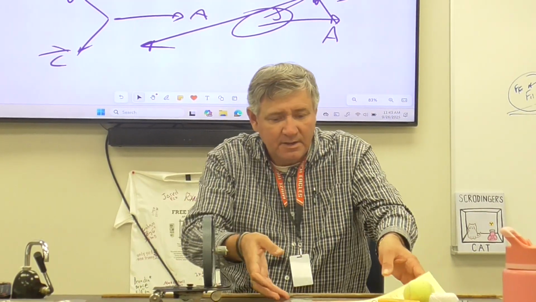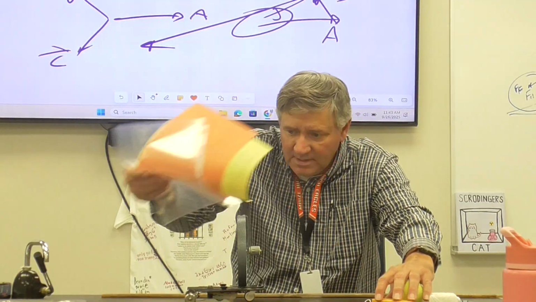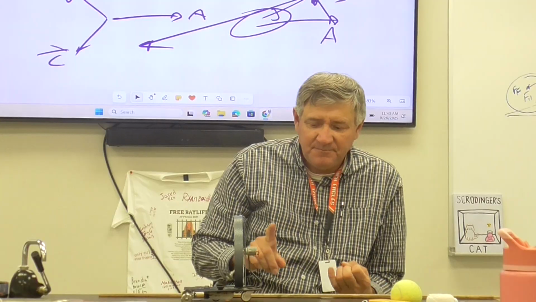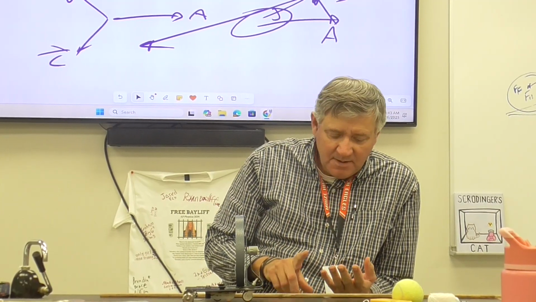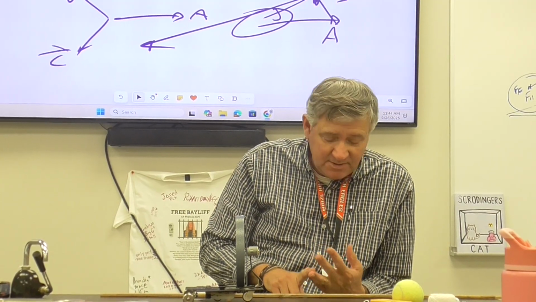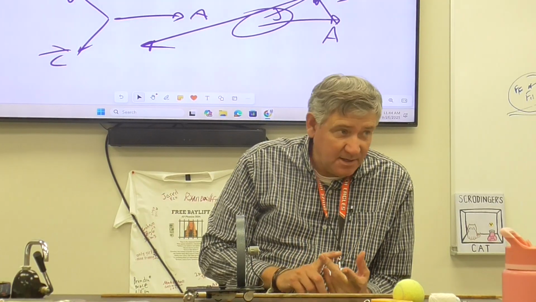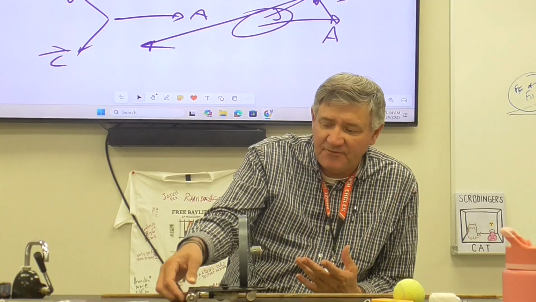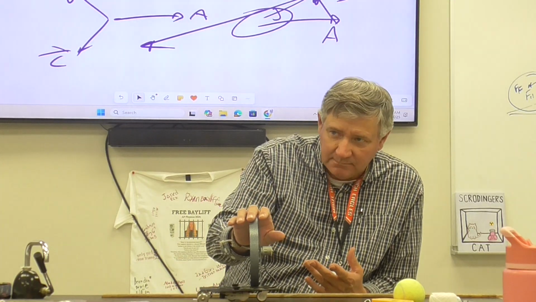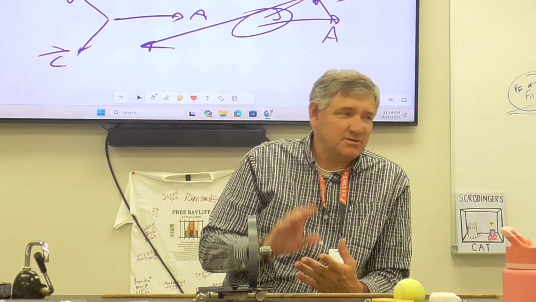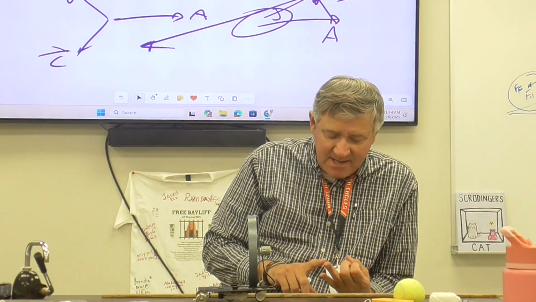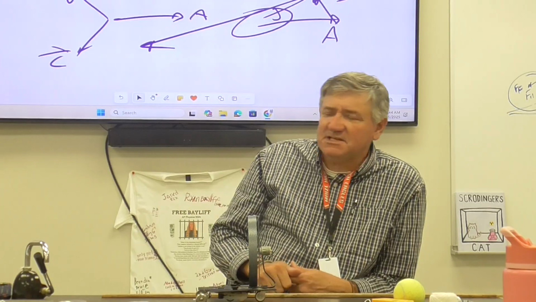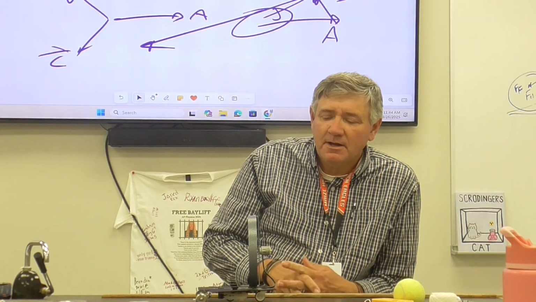I want to determine three things: the mass of the cart, the acceleration of the cart, and the force acting on the cart. Then when I get those numbers, I want to see if this thing could fly.